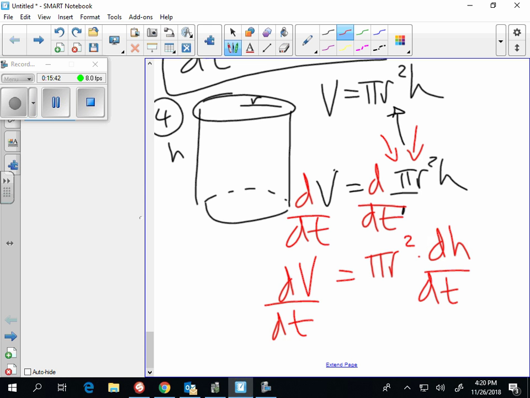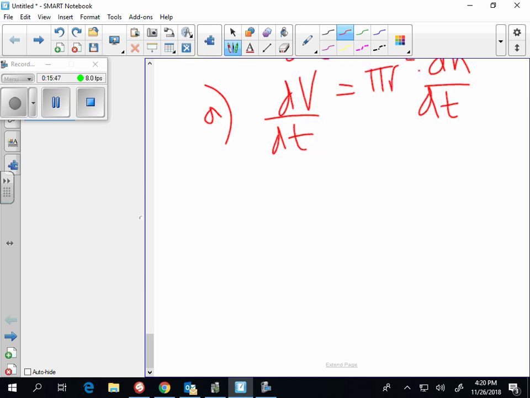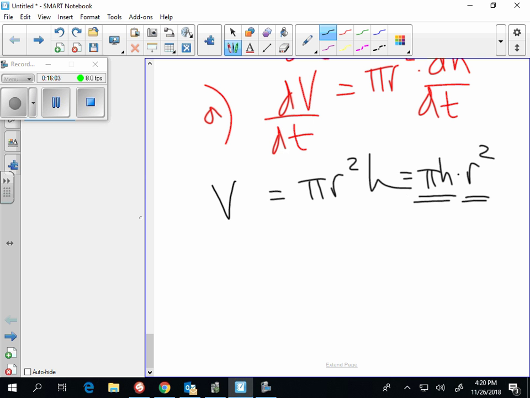Now, in part B, we're told that height is a constant, and we're asked to approach the same problem again. Pi r squared h. This time, height is a constant, and so I might want to write this as pi h times r squared, a constant times a function. This is what I want to take the derivative of with respect to time.